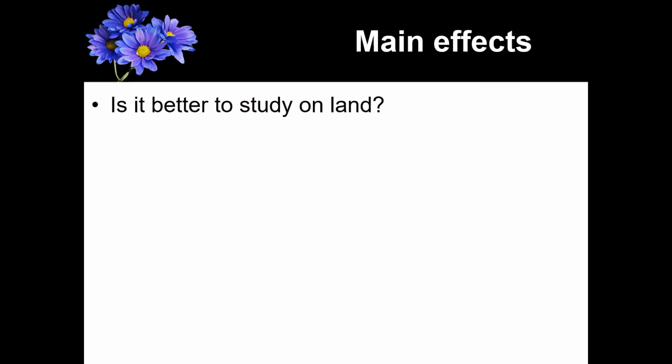As a general rule, whenever you want to know if there's an interaction, meaning the effect of one independent variable depends on another independent variable, this is kind of a way to figure that out. So if I were to ask you, is it better to study on land? What's the answer there? Yeah, right, it is.